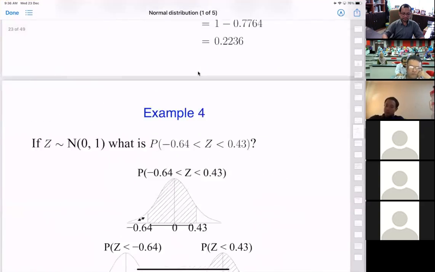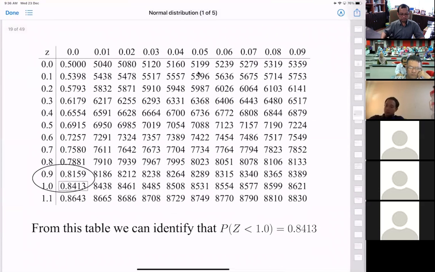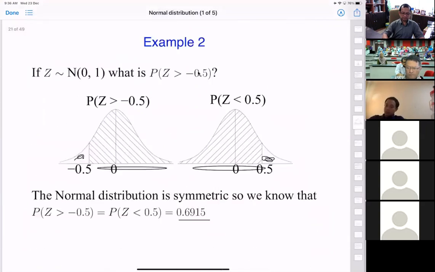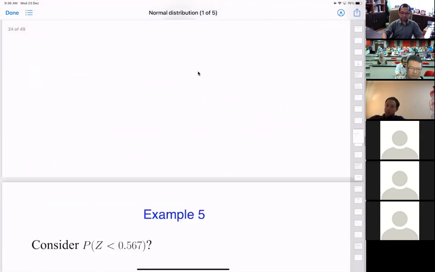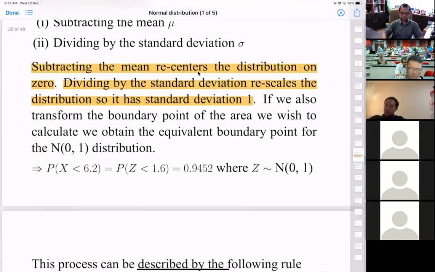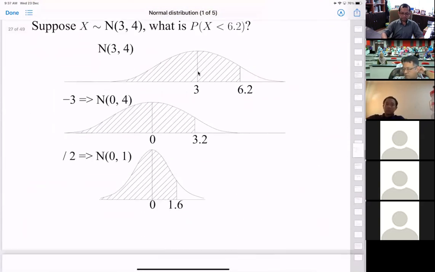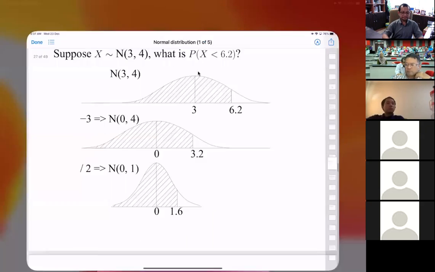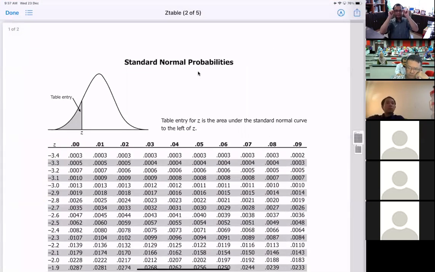We go back to the table. For 1.6, this table is not enough, so we read in the actual table, the full table. I do have the table here, so I open up another file. This is the Z table.